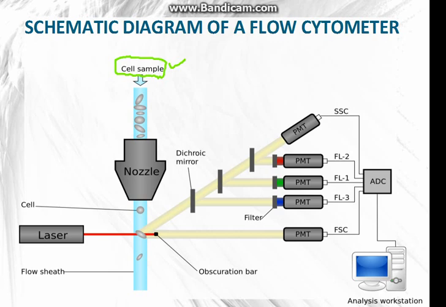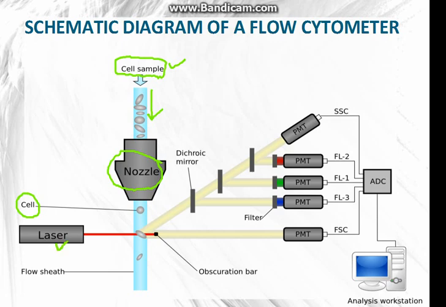So this is the sample which goes inside, and now this is a nozzle here. This nozzle will convert the sample into single cell column. This is single cell column. Each cell is examined. Now the cell falls at a specific speed, and for that each cell can be examined. This was a flow system.